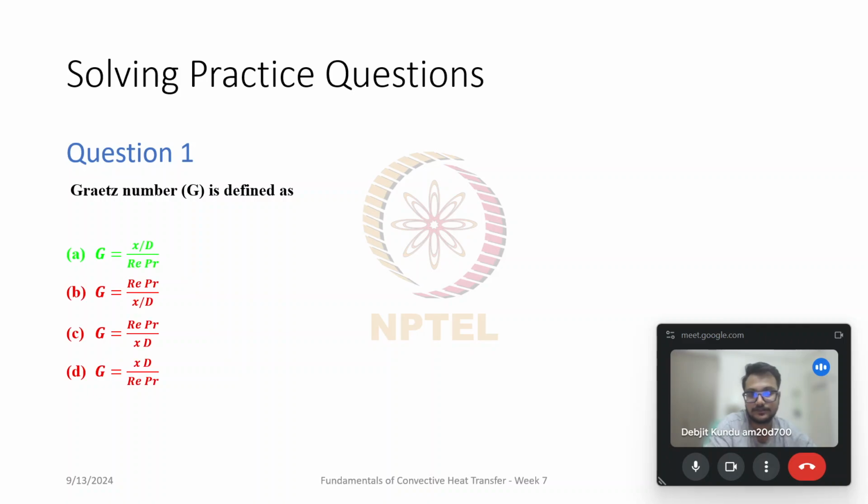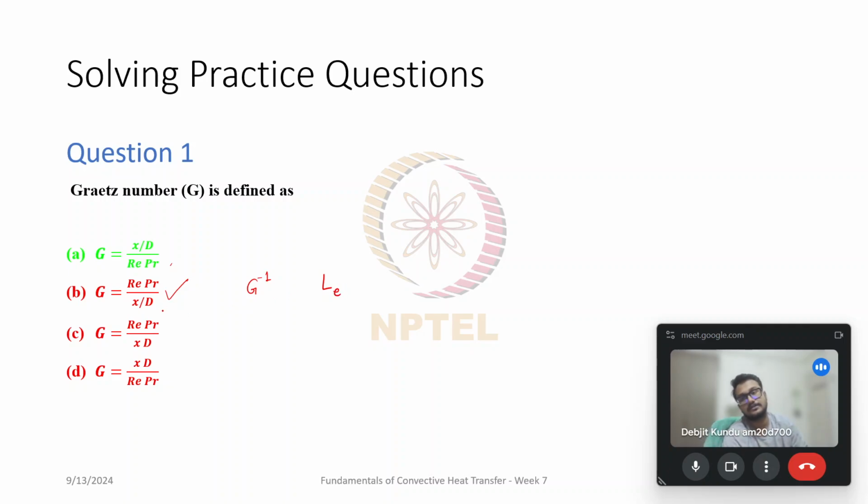So if we take a look at the solution, it's actually option A, that is x by d over Reynolds number times Prandtl number. Sorry, I think this is wrong. It should be option B. So oftentimes the inverse of this Graetz number is used as a stand-in for the entrance length as well.